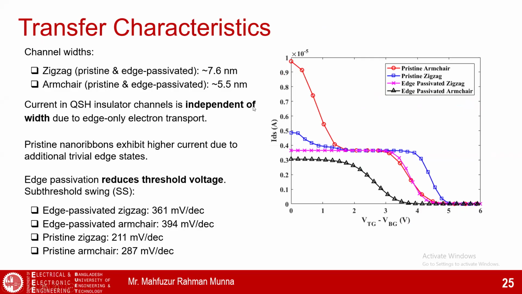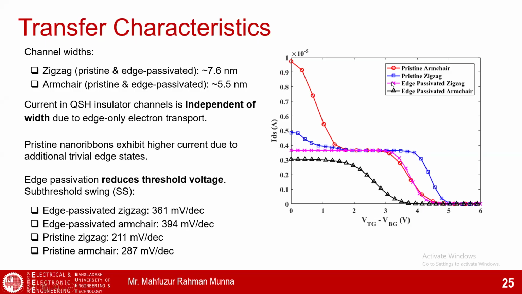That's why they have a higher on current in comparison with a stanene nanoribbon. Moreover, it requires significantly high voltage to switch off the pristine zigzag nanoribbon in comparison with a stanene zigzag nanoribbon.